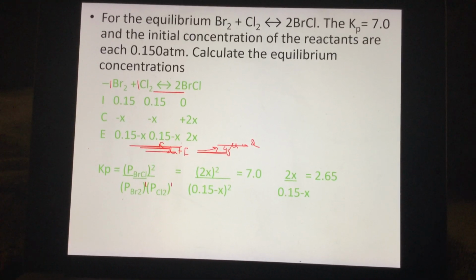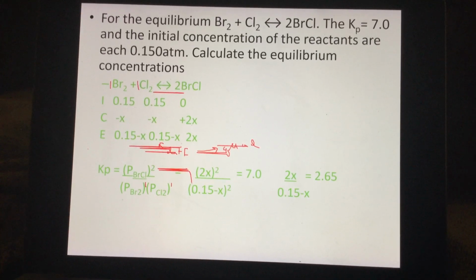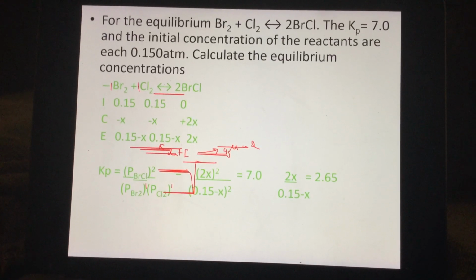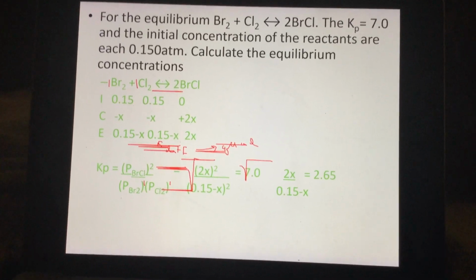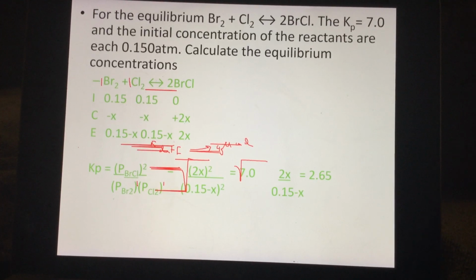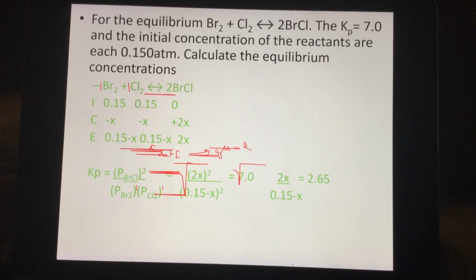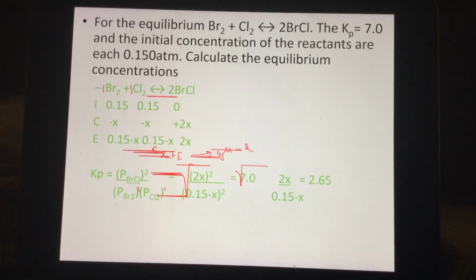So what we can do then is we can take the square root of both sides to get rid of the square. So that gives us then 2x over 0.15 minus x, and the square root of 7 is 2.65. So that makes our math a lot easier.